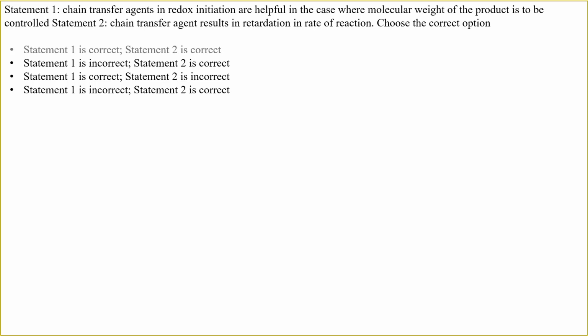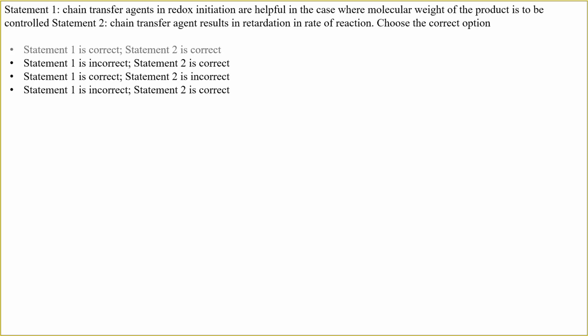This is true: whenever the polymer chain is extending in length, we can simply pass on the activity of the extending chain to another non-extending chain. With that, we are able to control the molecular weight in the entire initiation process and the polymerization reaction. So statement one is correct. Statement two is that chain transfer agents result in retardation in the rate of reaction.